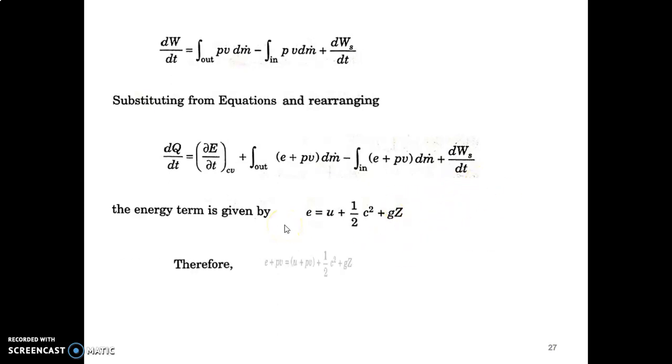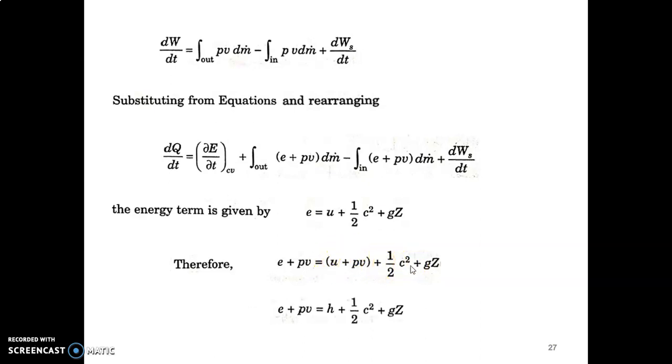Now we have E plus PV. We have grouped together energy and work, the E plus PV term, in here. So here also we are considering E plus PV. So a PV has been added to this expression. So u plus PV can be taken together, plus half C square plus gz.